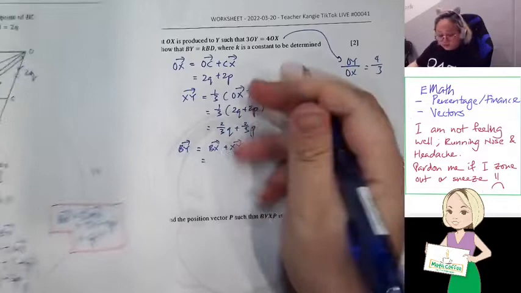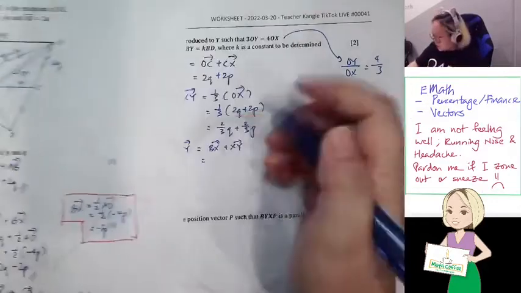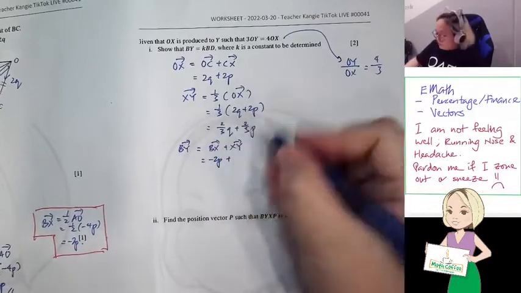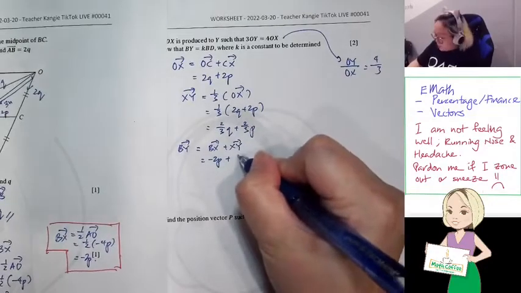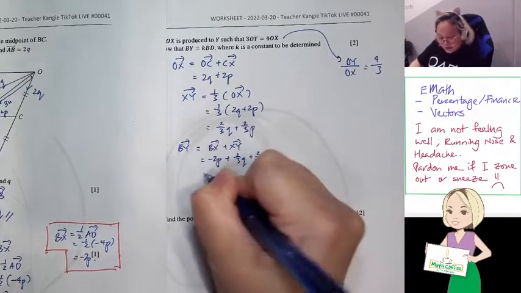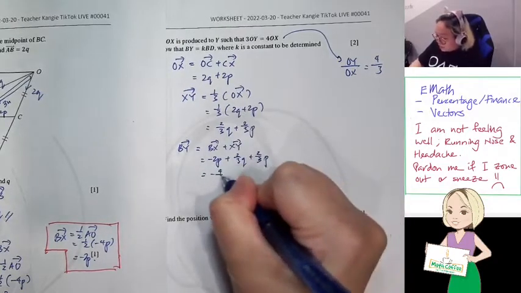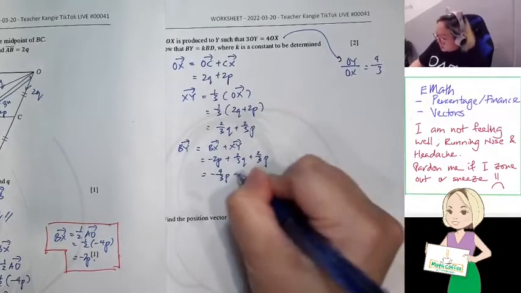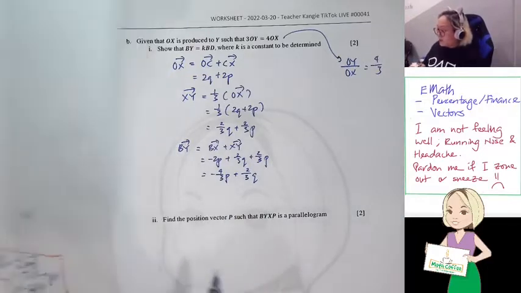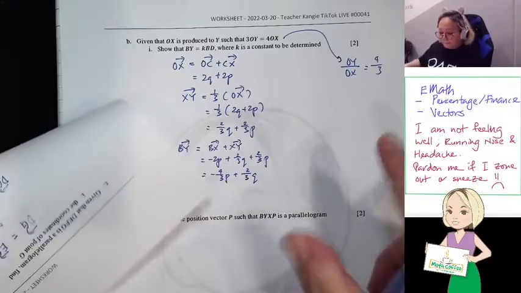My BX, previously I already found, which is minus 2P, plus XY, which we found above. So plus 2/3 Q plus 2/3 P. And we will get minus 4/3 P plus 2/3 Q. Okay, now we are done with BY.